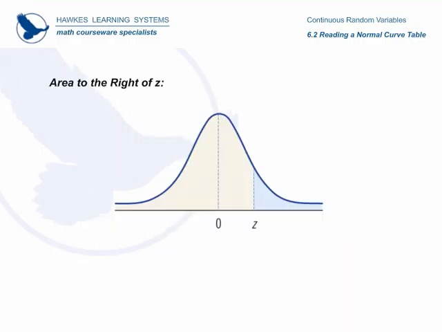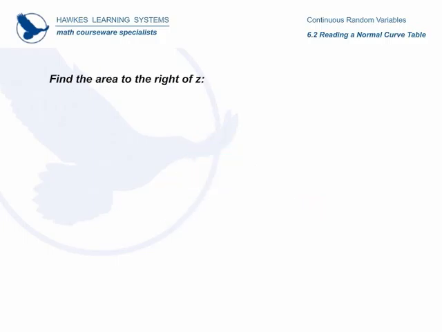Now let's take a look at finding the area to the right of Z. For example, Z equals 3.02. The area to the right would be 0.0013. For a Z value of negative 1.70, the area would be 0.9554.